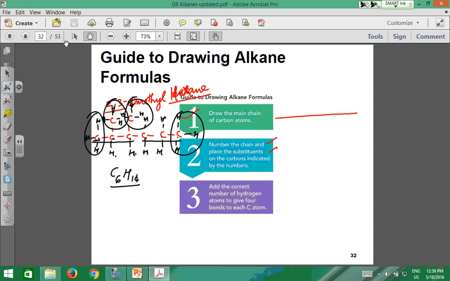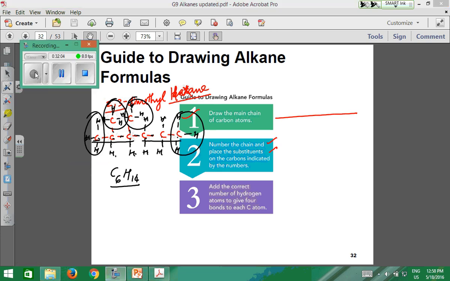So this methyl group is added here. 4 are these hydrogens. So the formula will be, on this carbon also like this, on this carbon also like this.